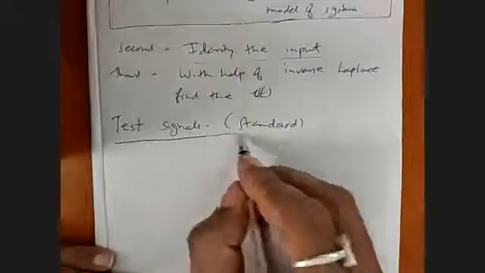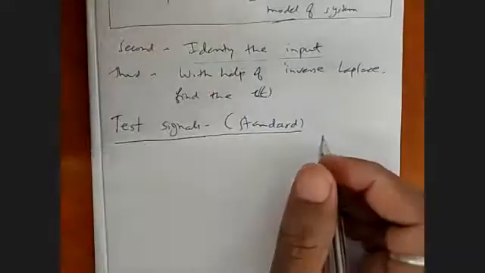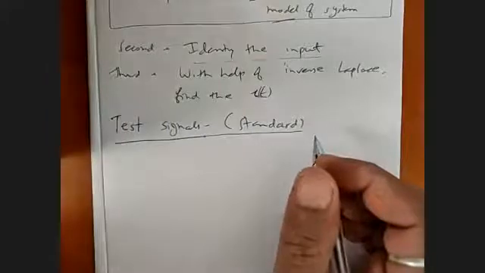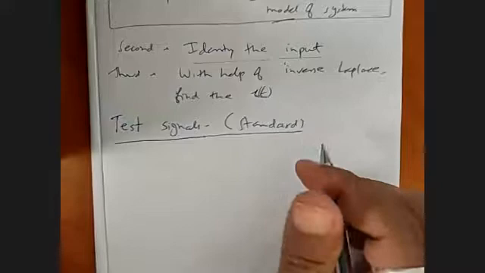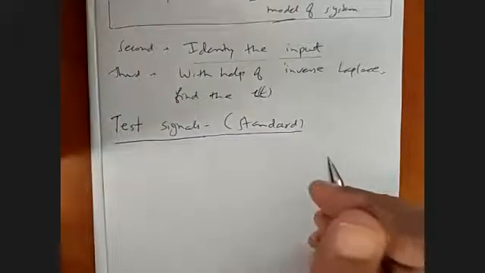So generally when we are talking about control systems, we will be considering that these are the common input signals which we are using in the control system analysis approach.